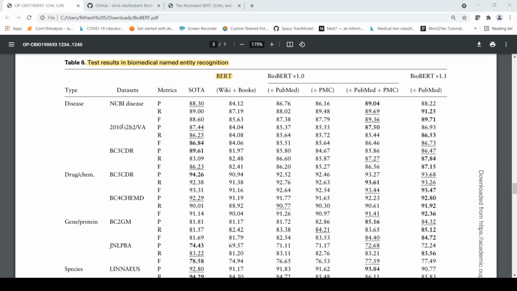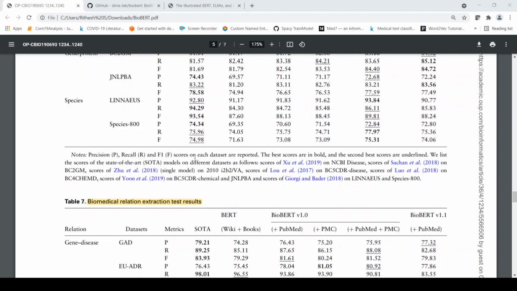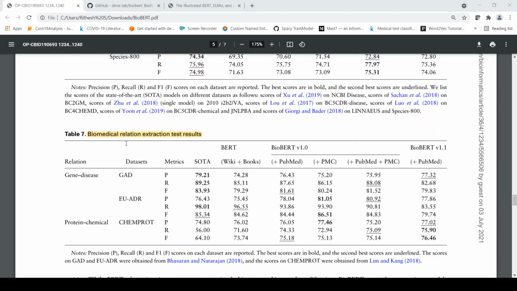So if you look at the named entity recognition results, the BioBERT v1.1 model is actually producing better results compared to state of art in terms of precision, recall and F1 score. Okay, these are the different data sets. For biomedical relation extraction results also, your BioBERT v1.1 actually produces better results compared to the state of the art.